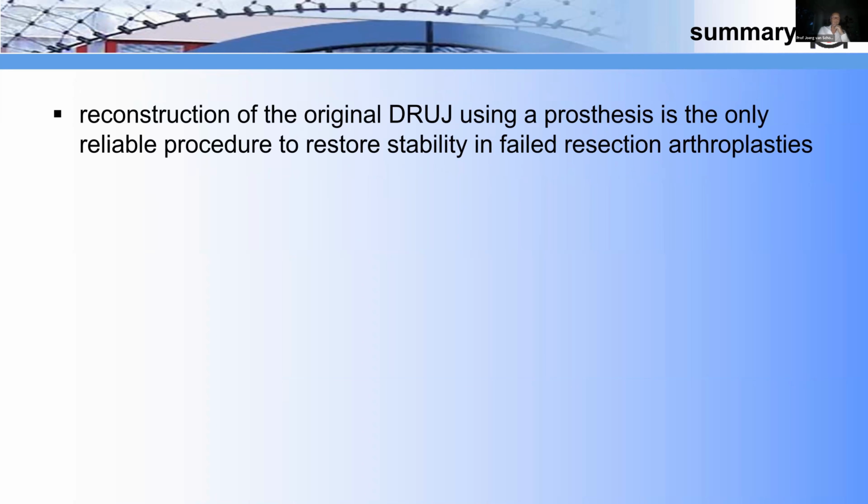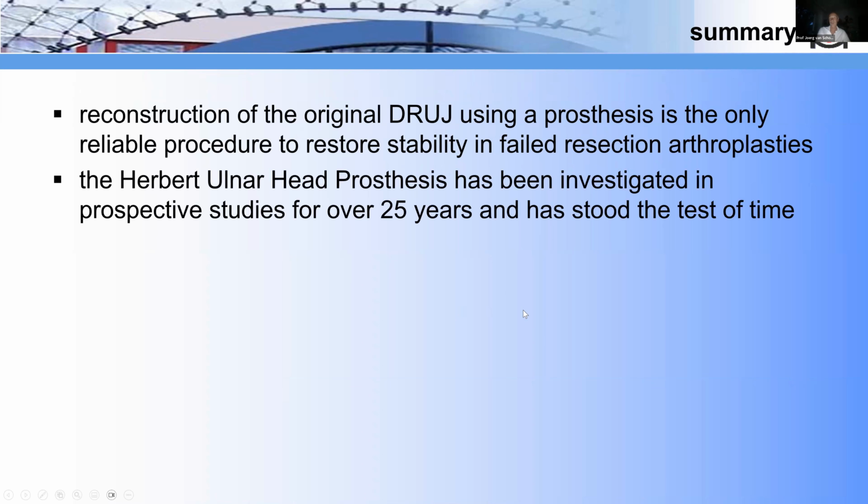So in summary, I think that reconstruction of the original distal radial ulnar joint using a biocompatible spacer, an ulnar head prosthesis, is the only reliable procedure to restore stability in failed resection arthroplasties of the distal radial ulnar joint. The Herbert ulnar head prosthesis has been investigated in these prospective studies for over 25 years.